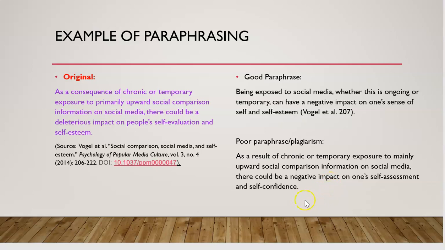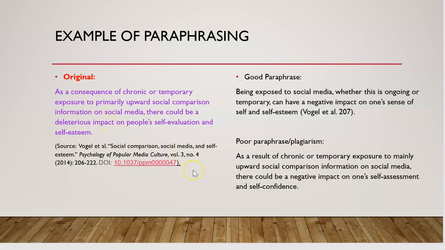So even if they had included a citation here, it would still be very poor paraphrase and could still be construed as plagiarism, because there's not enough change of the original passage for it to be considered your own writing. You haven't changed the structure, and the ideas are all the same as the original.